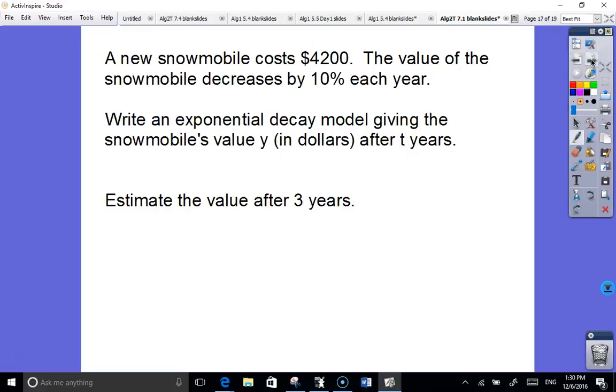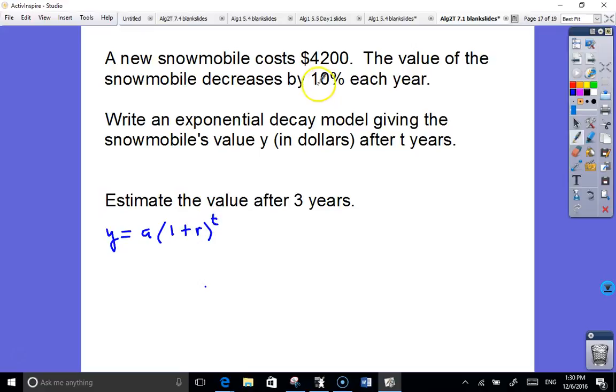Okay, a new snowmobile costs $4,200. The value of the snowmobile decreases by 10% each year. Write an exponential decay model giving the snowmobile's value y in dollars after t years. Estimate the value after 3 years. Okay, so we're using that same y equals a times 1 plus r to the t that we saw before.